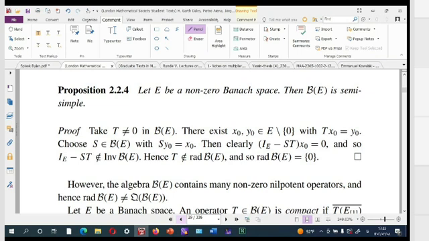So this shows that T cannot belong to the radical of B of E, so that any non-zero element cannot belong to this radical, so this radical equals 0 only.